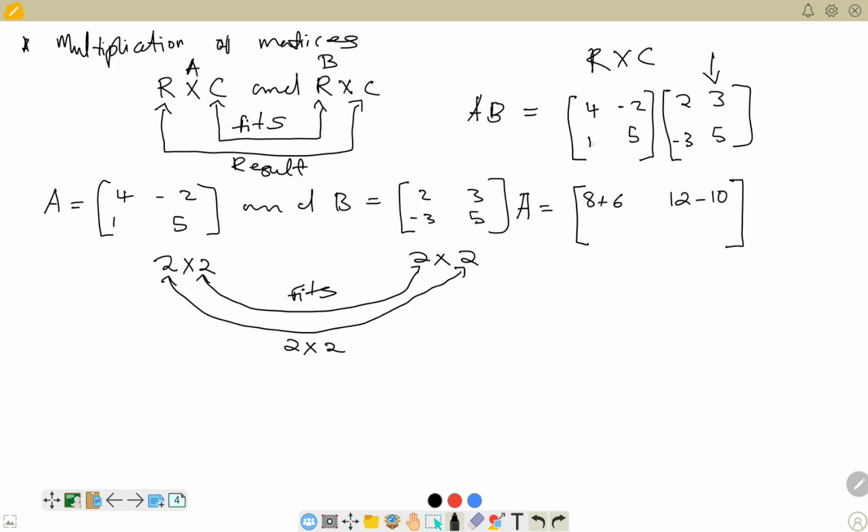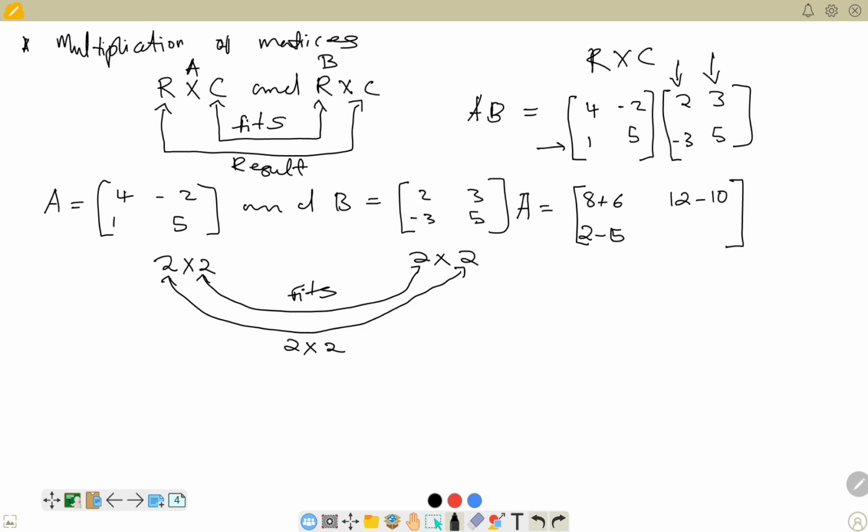Then we are done with using the first row to multiply the columns of the second matrix. So we do the same thing. Now we are on the second row of matrix A. So 1 times 2 is 2. Then 5 times negative 3 is minus 15. Then we are done with that column.